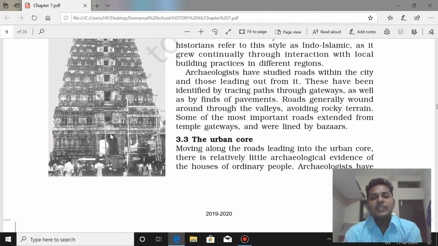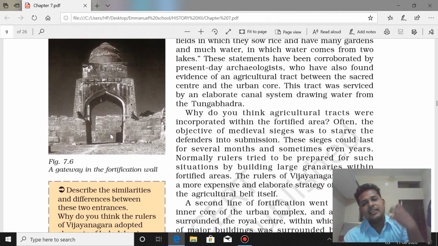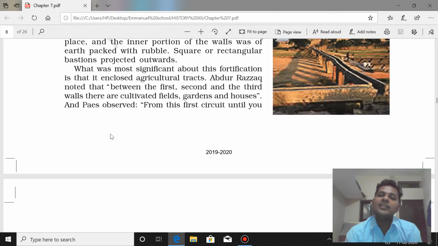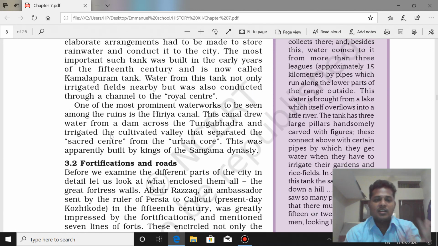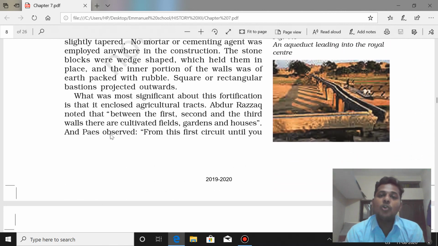We are just taking a small topic in this session. We have discussed that in one long answer on the characteristics of the Vijayanagara Empire, you have to discuss the water resources, the fortifications, and the urban core.